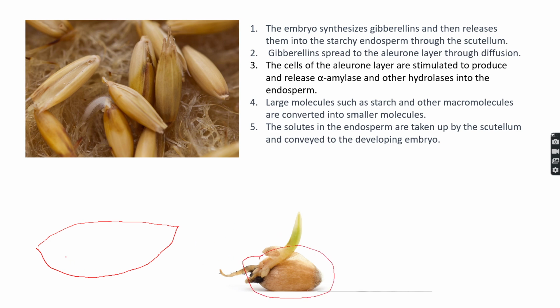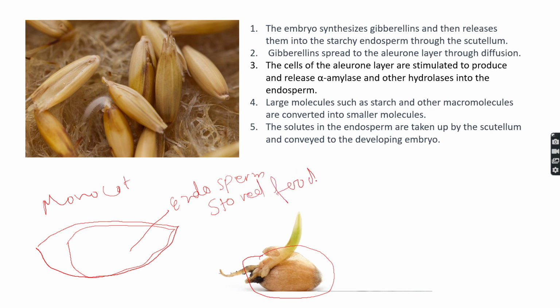Most of the part of the seed is basically your endosperm, if I'm talking about a monocot seed, obviously. This is the endosperm. Endosperm is basically the stored food material. For whom is this food material? It is for the embryo.